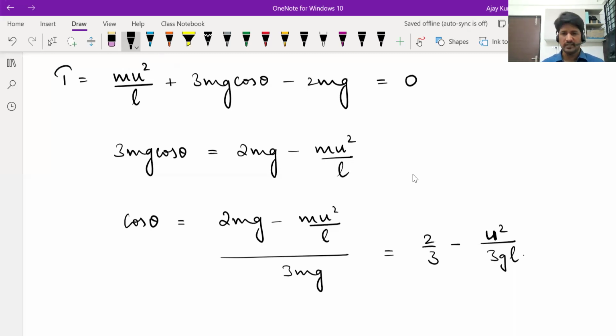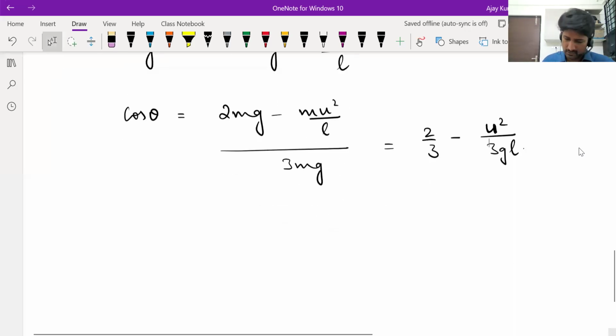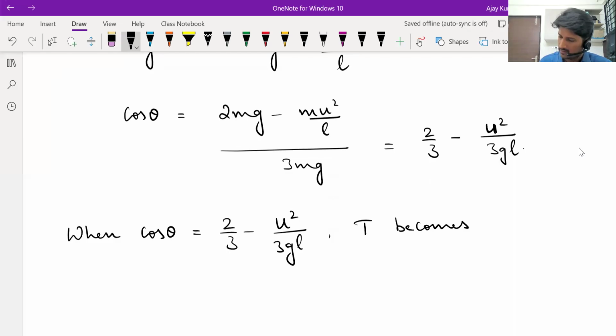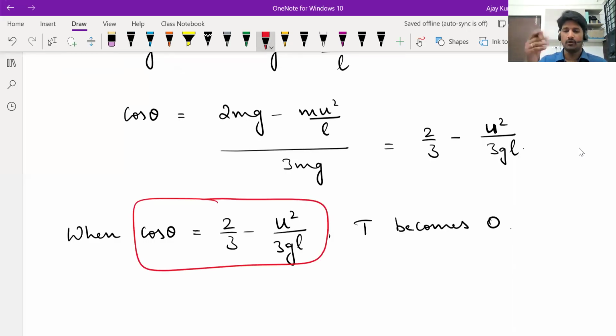This is cos of the angle where tension becomes 0. So when cos theta is equal to 2 by 3 minus u square by 3gl, tension becomes 0.